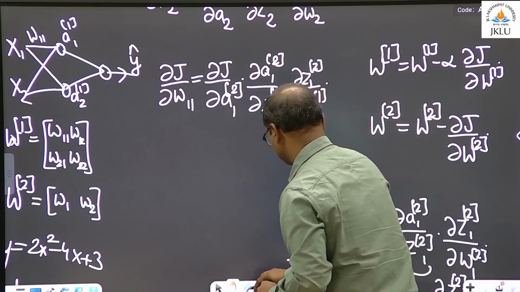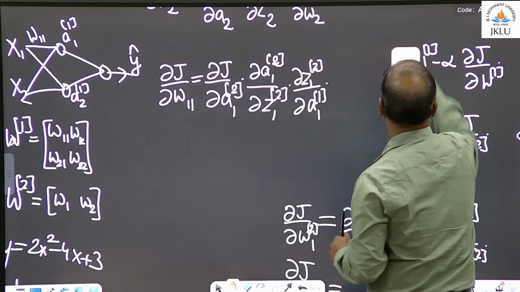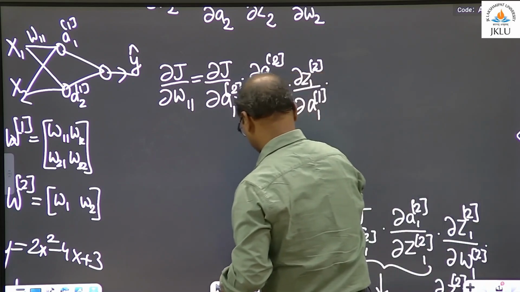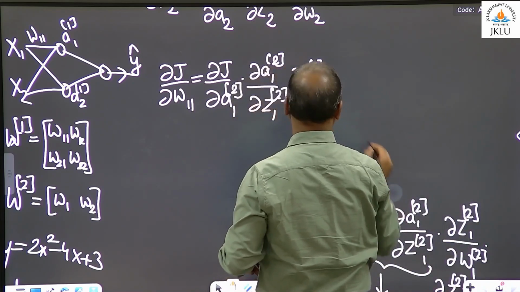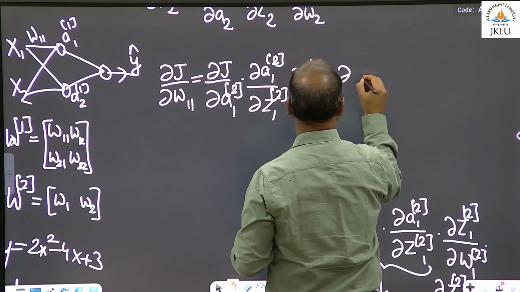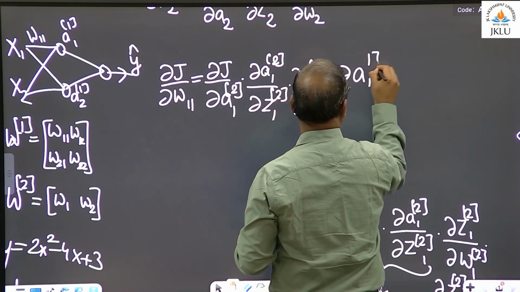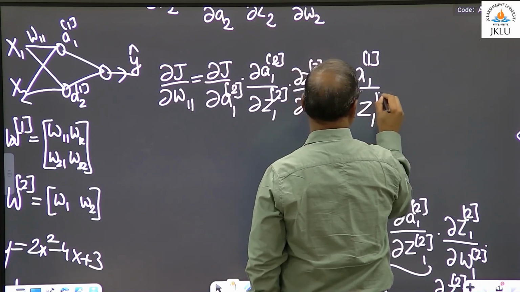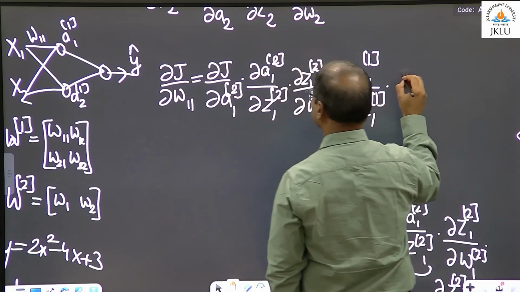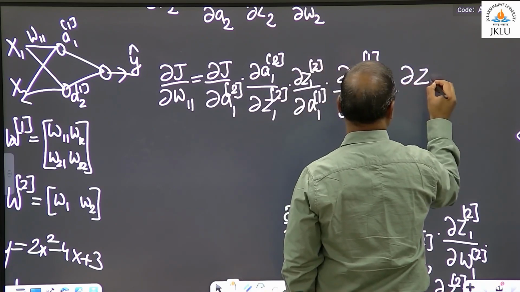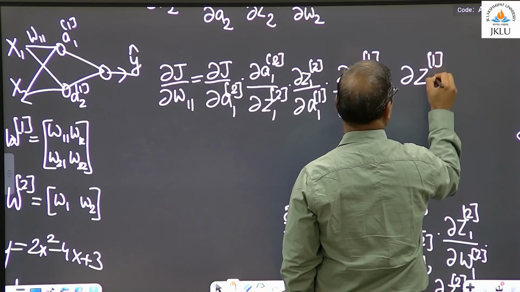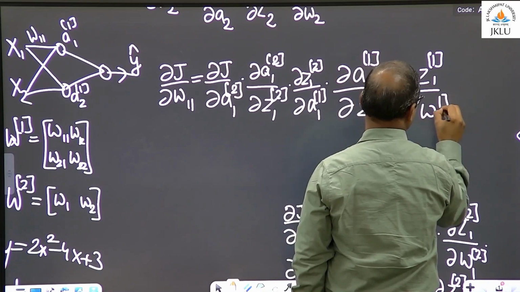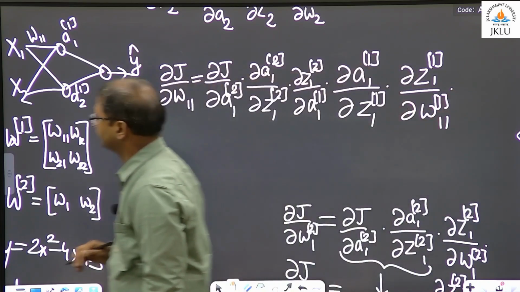So, we will have del A11 by del Z11. Now, finally, and for the sake of completeness, I will just put this.